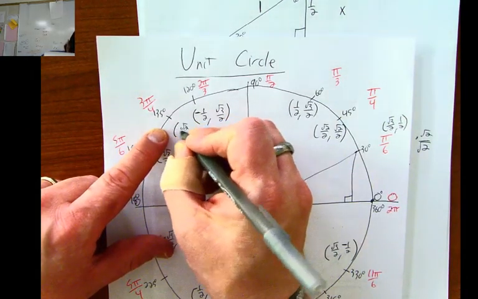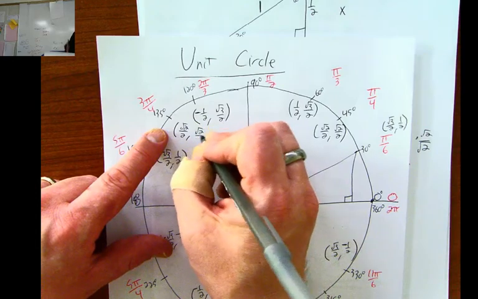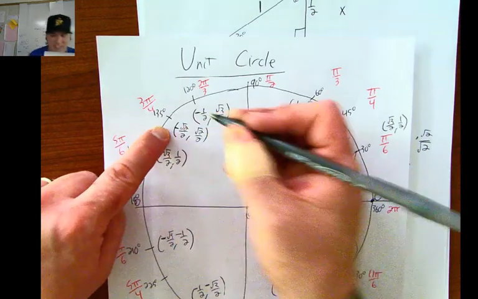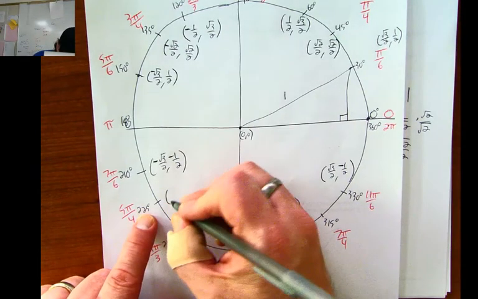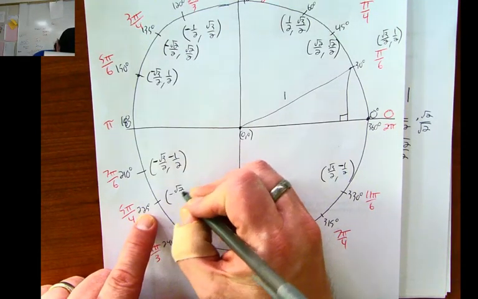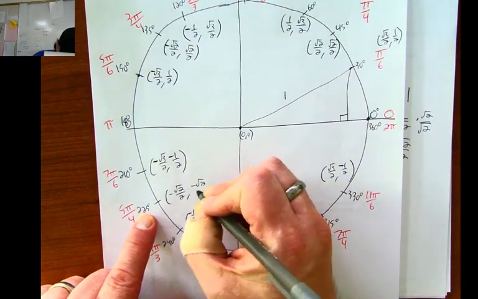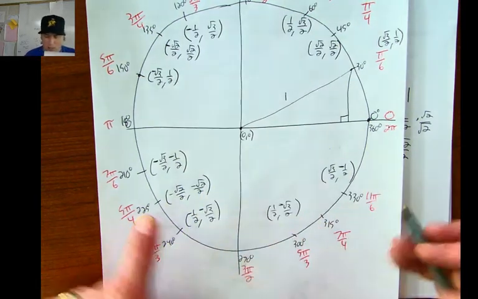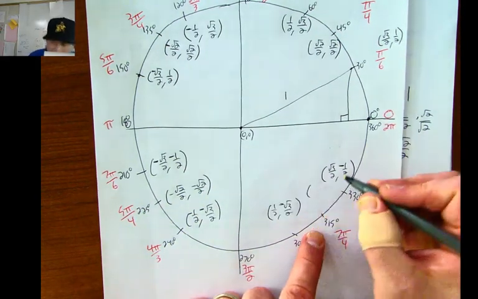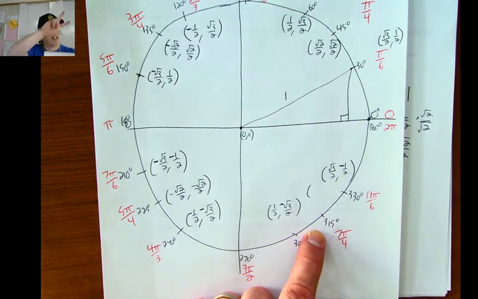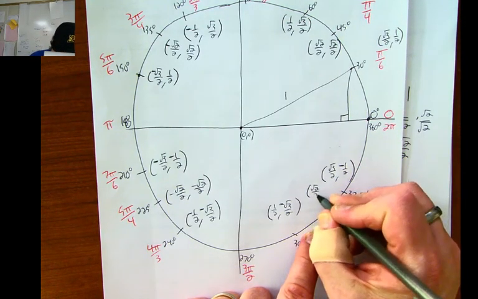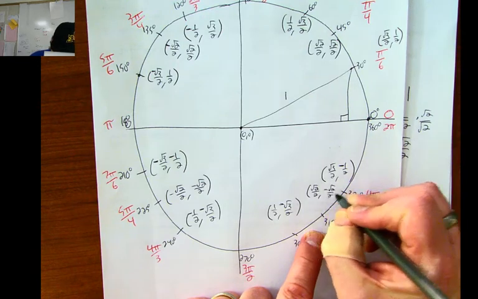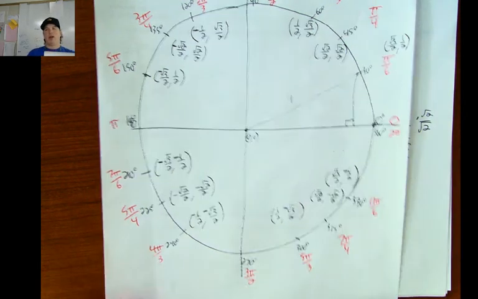So this would also be root 2 over 2 and root 2 over 2, except the x-coordinate's negative. In the third quadrant, you're looking at 225 degrees, so negative root 2 over 2 and negative root 2 over 2. And then in the fourth quadrant, 315 degrees has a reference angle of 45 degrees. So I'd go root 2 over 2, negative root 2 over 2.